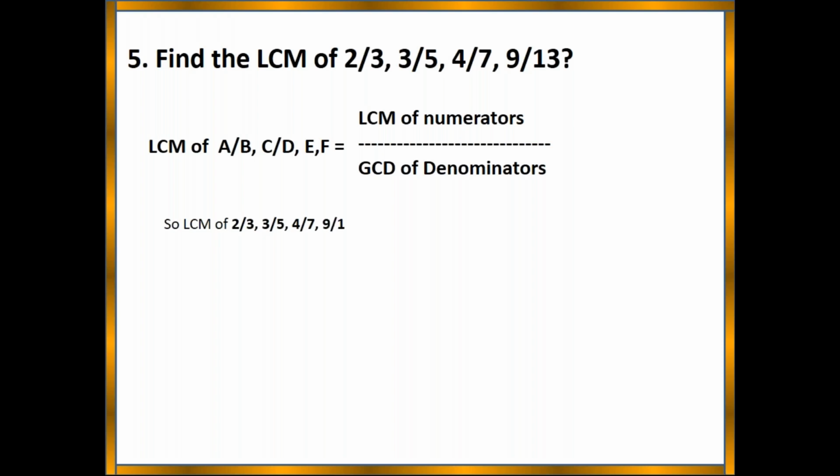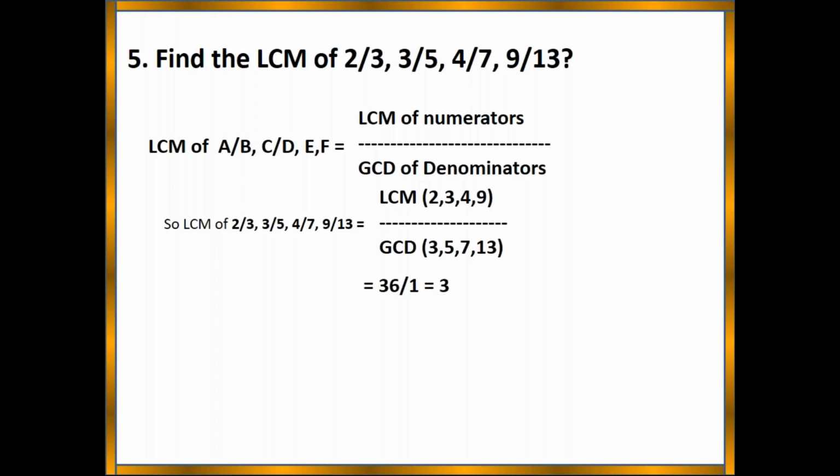So we need the LCM of the numerators. The numerators of the four fractional numbers are 2, 3, 4, 9, by the GCD of the denominators. The denominators are 3, 5, 7, 13.